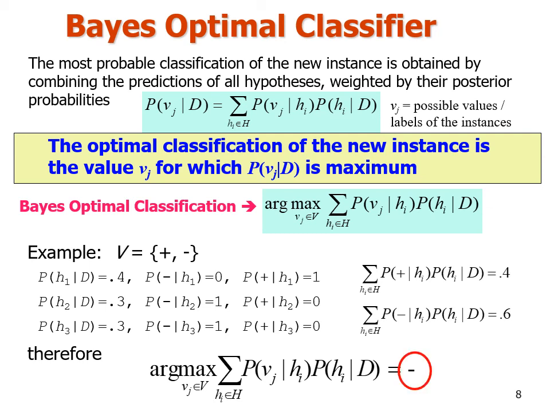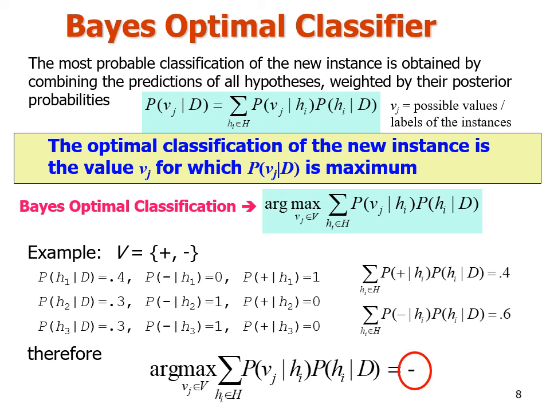Any system that classifies new instances according to the equation of Bayes optimal classification is called Bayes optimal classifier or Bayes optimal learner. Why is this called an optimal classifier? No other classification method using the same hypothesis space and the same prior knowledge can outperform this method on average, and hence this classifier is known as optimal classifier.